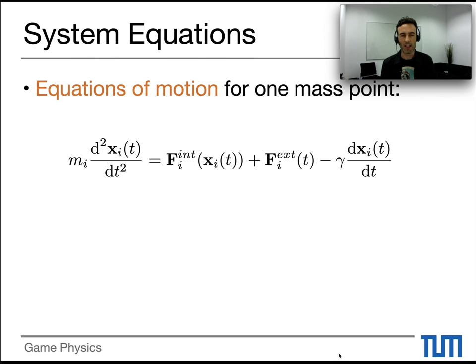So Newton's second law, m times acceleration equal to forces on the right hand side, and the important bit here was that we have different derivatives of the position, namely the second one for the acceleration on the left, and then a first one, the velocity, no derivative, the position directly for the internal forces, and then an external term that does not depend on the position at all typically. Yeah, so this is our basis. That will be what we're using for the simulations.